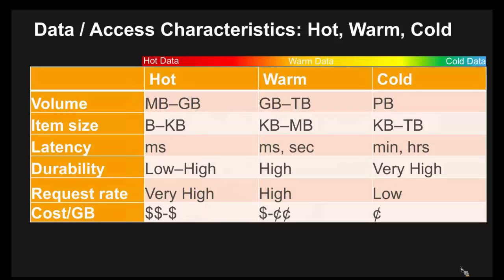As you move towards colder data sets, the frequency of access becomes low, but the data set sizes or file sizes are typically bigger. The cost per gigabyte is higher for hot data sets because typically it's in RAM. Towards the colder side, it's on spinning disks these days, so the cost tends to be lower.